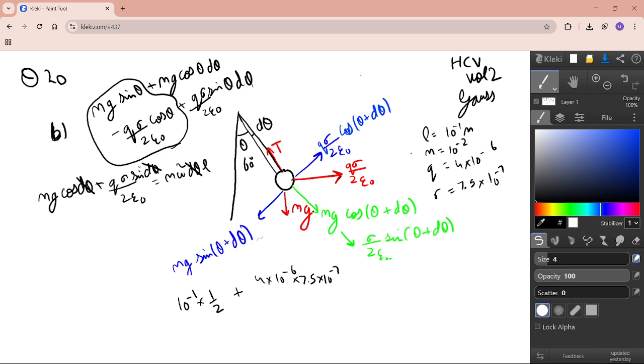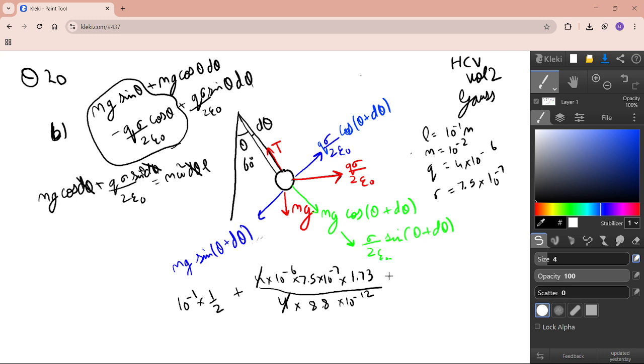What was it? Sine theta d theta, right? Sine theta is root 3 by 2, so it's half of 1.73 on 4 epsilon, which is 8.8, 10 power minus 12.